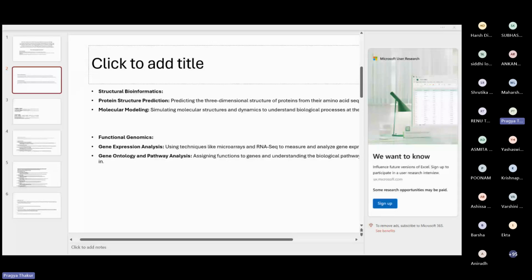The second field is structural bioinformatics. This is also an important field. You must have heard about many software and tools like Chimera and AlphaFold, which Google has released these days. If we have an unknown protein structure and we want to predict the three-dimensional structure of proteins, we have software for that.